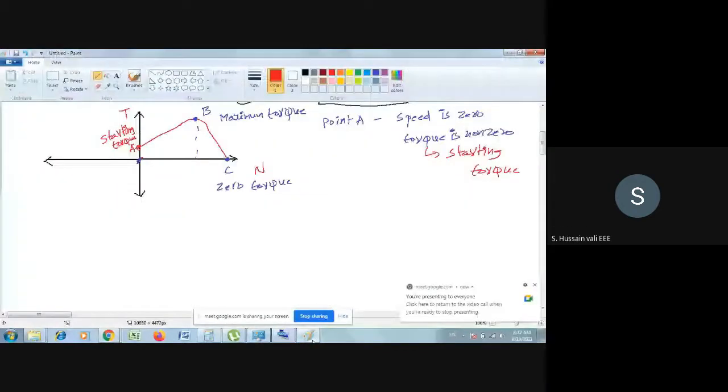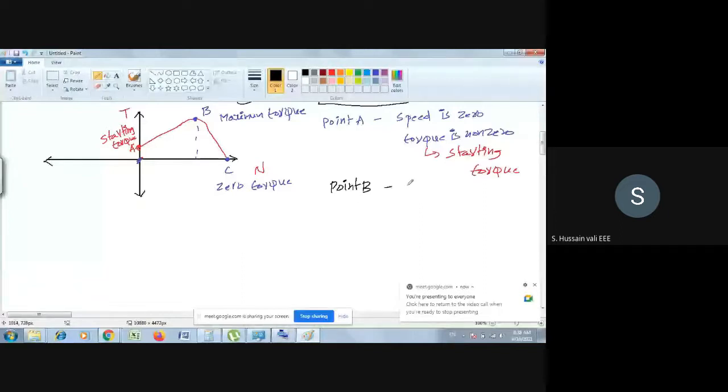So now there is a point B. At this point, what do you find out? The torque is maximum.